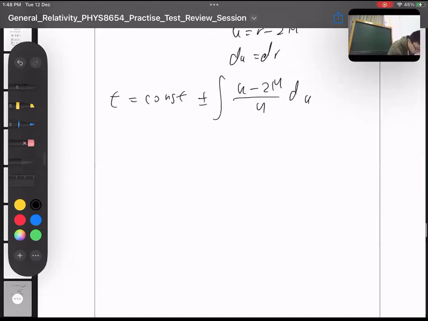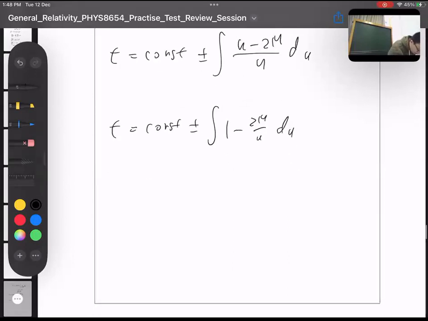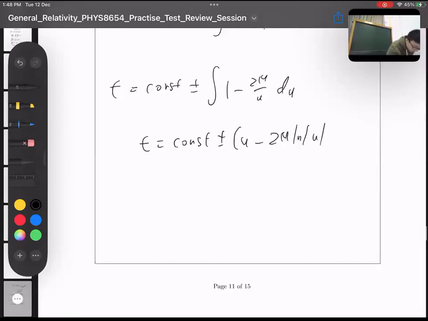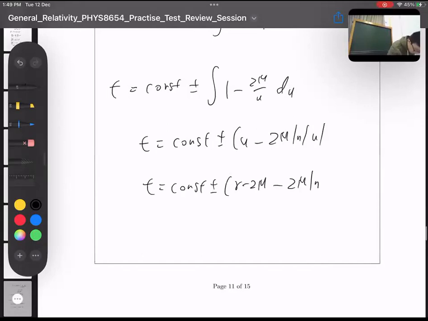And then this is just integral of 1 plus 2m over u du plus constant. And then this is t equals constant plus or minus, this is just, sorry, u plus 2m ln u, and u is r minus 2m, so this is just t equals constant, plus or minus u, which is r minus 2m, plus 2m ln r minus 2m.